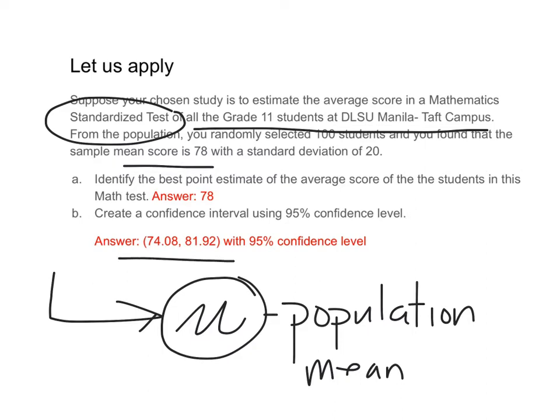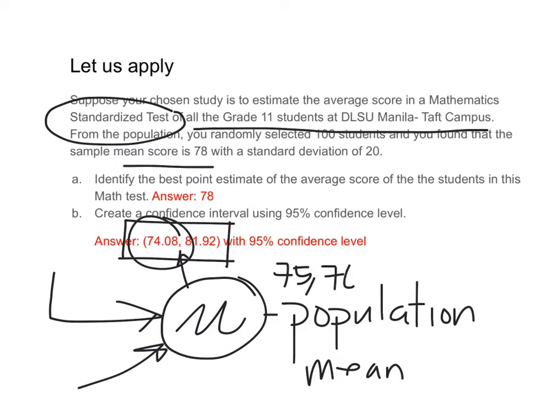So this means that the true population mean is somewhere between 74.08 and 81.92. Meaning to say, the value could be 75, the next higher number after 74.08, or any decimal value higher than 74.08. It could also be 76, or any decimal value around that number. Could be 77, and so on.